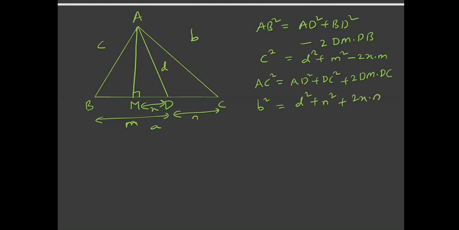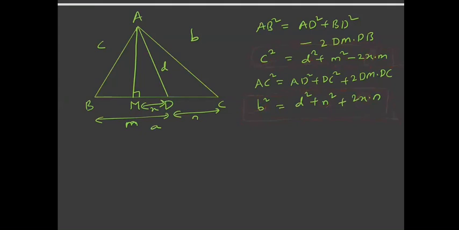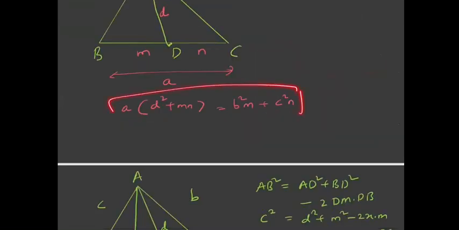So now if you see these two equations, we want B, we want C, we want D, we want M in the formula, we want N in the formula. This X is unwanted in these two equations. So you can see that in the formula there is no X, right?